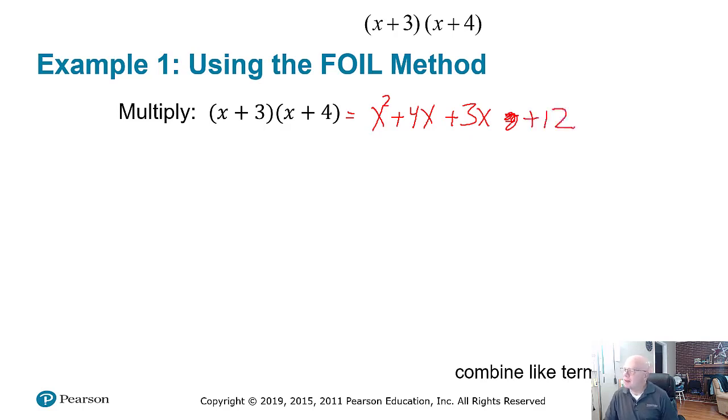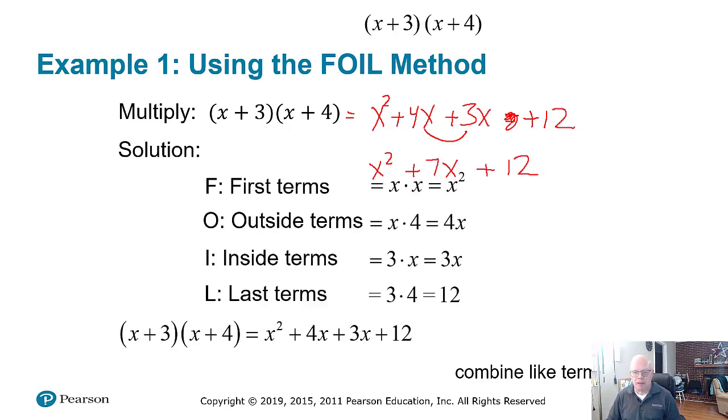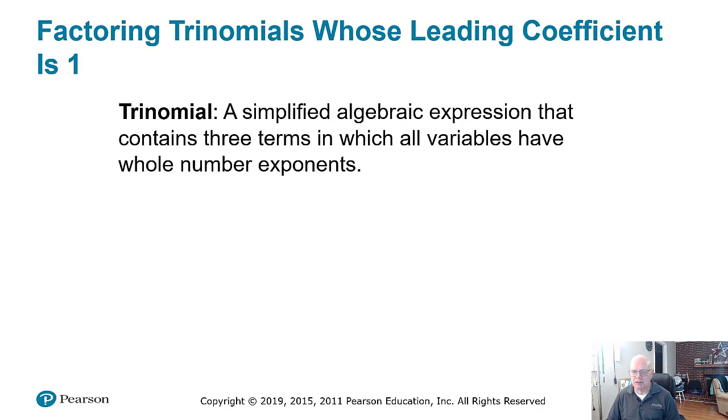Now the two inside terms, notice, are typically, not always, but typically the same type of term or similar terms. So your final answer is x squared plus 7x plus 12, since you can add the 4x and the 3x. There you go, a little bit of a summary. And there's your final result.